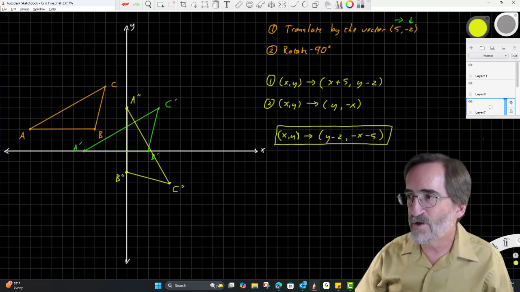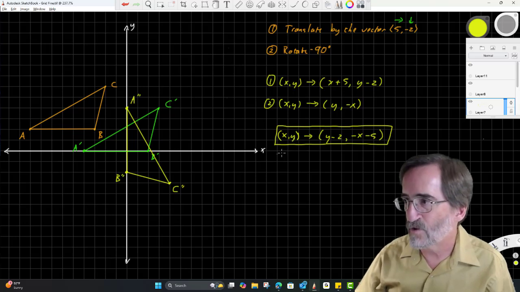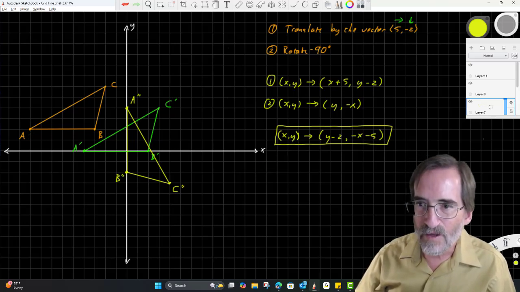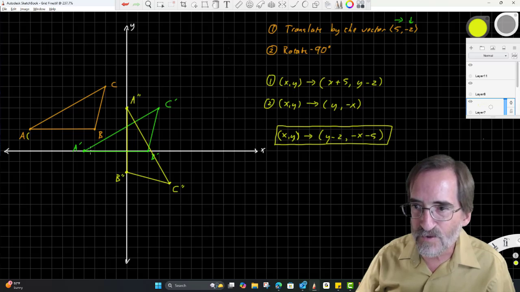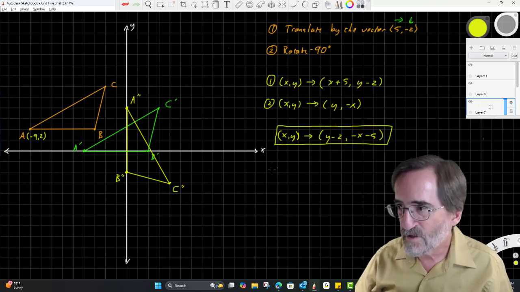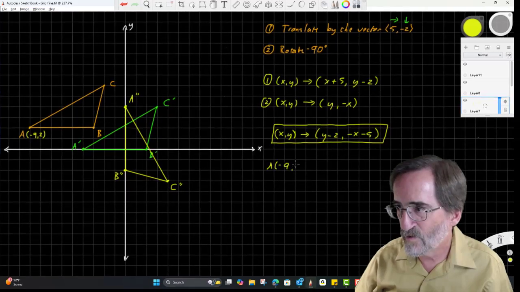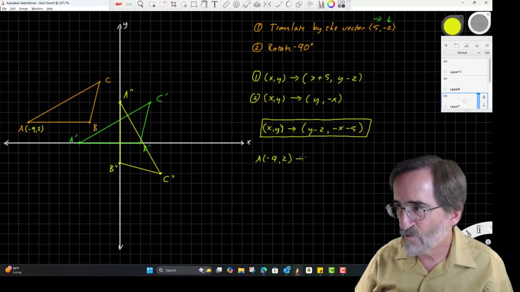Okay, let's check it out and see if this works. Point A is negative 9, 2. Let's see if this works.